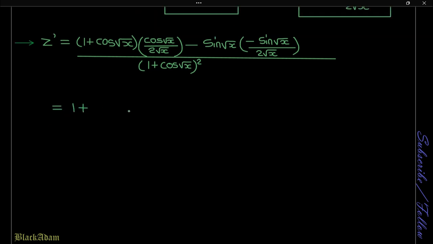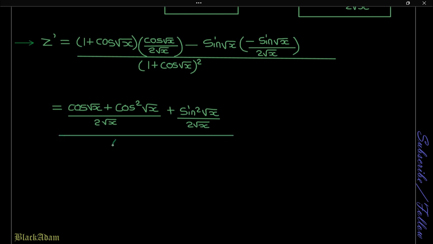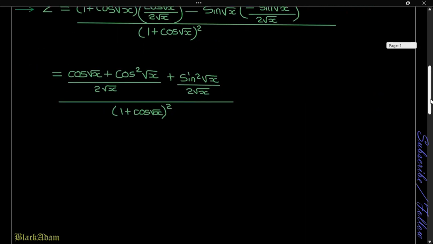So that's cos root x multiplied by 1, that's cos root x, and then cos root x multiplied by cos root x is cos squared root x, all of that over 2 root x. Then negative times negative is positive, sine root x times sine root x is sine squared root x, all of that over 2 root x, over 1 plus cos root x squared.